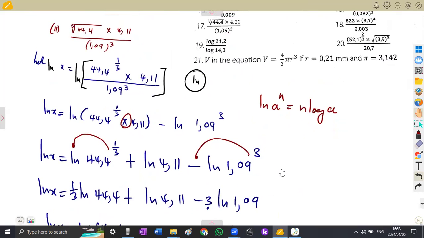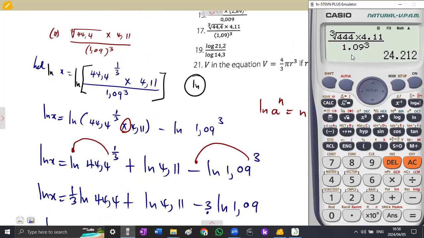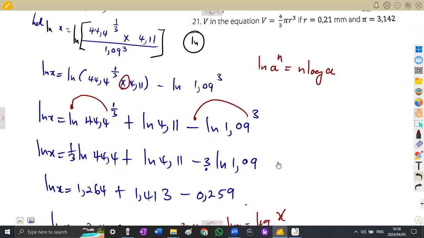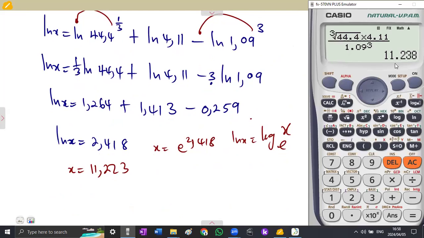All right. Is there any way that I made an error there? Let's see. All right. No, there's a comma there. So this is 11,238.